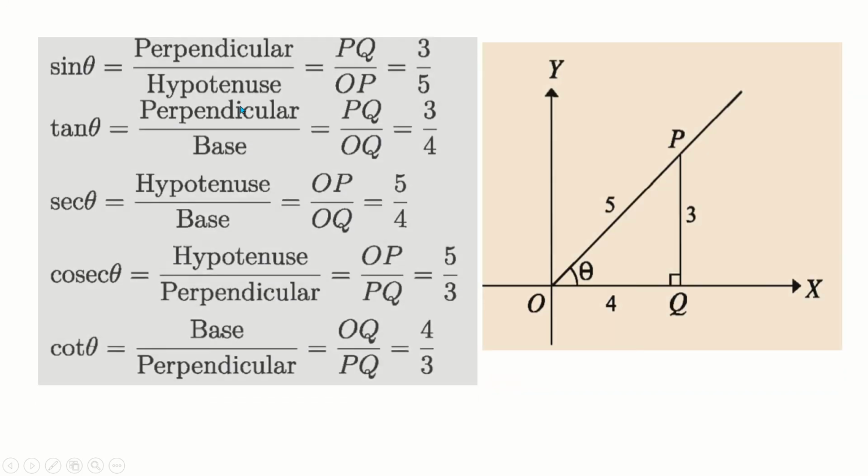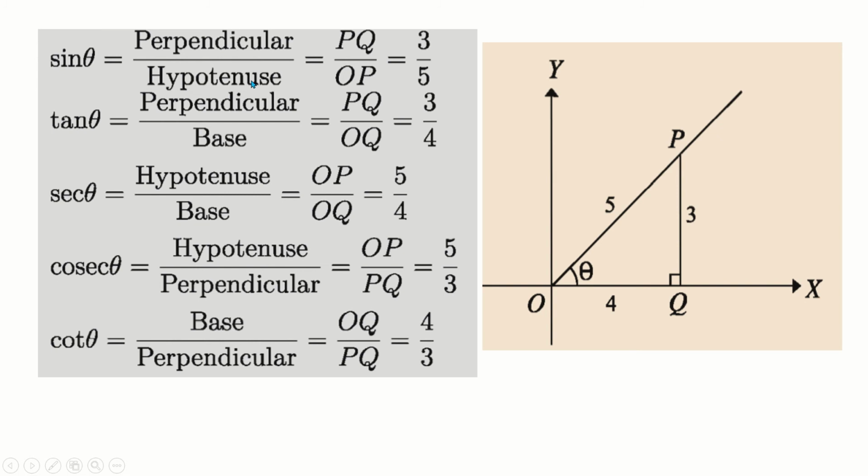Very easy. Again, perpendicular divided by hypotenuse, that means PQ by OP, that means 3 by 5. Similarly tan is 3 by 4, sec is 5 by 4, cosec 5 by 3 and cot 4 by 3.